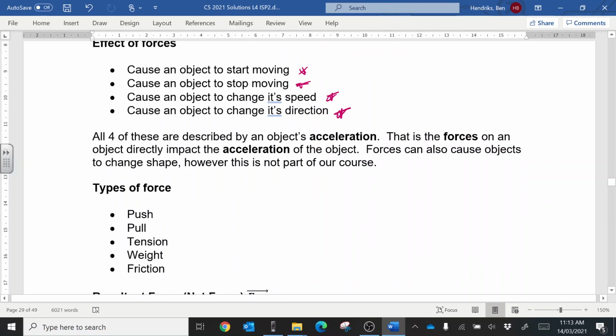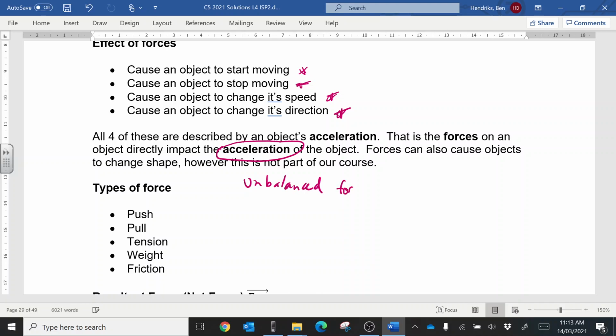So, if we see an object accelerating, then we can say that there is an unbalanced force acting on the object.